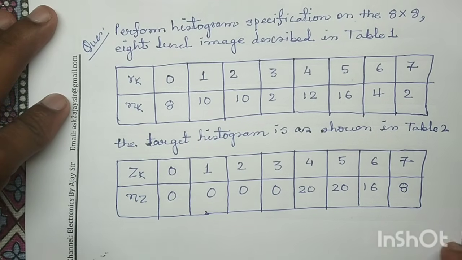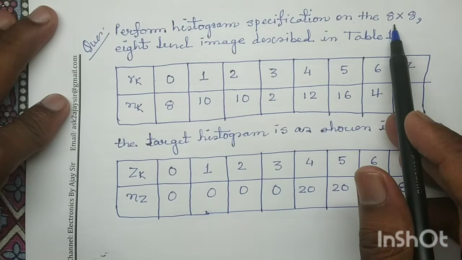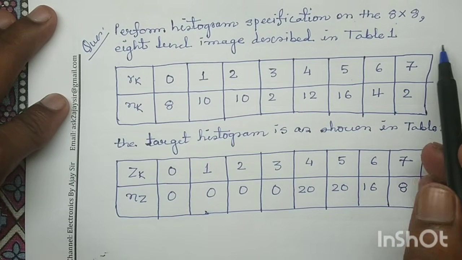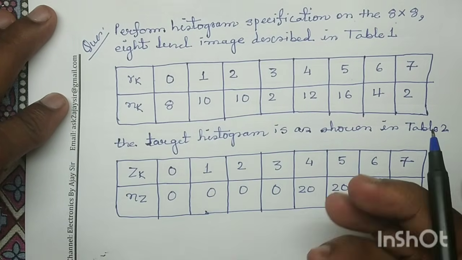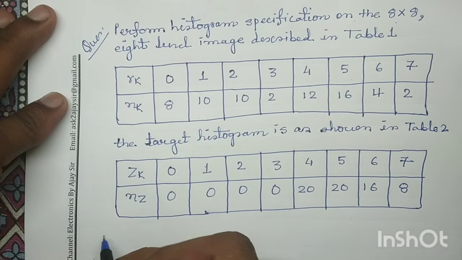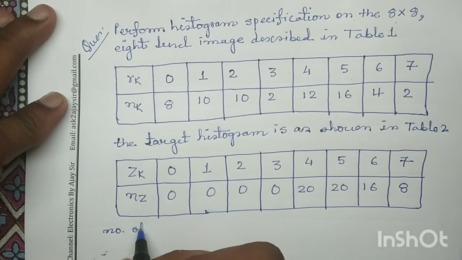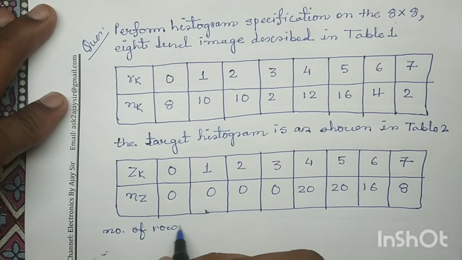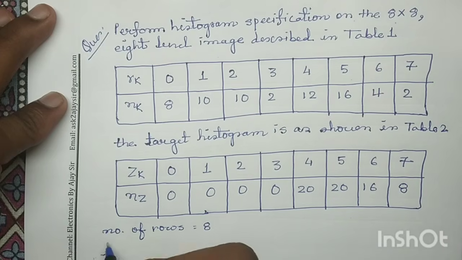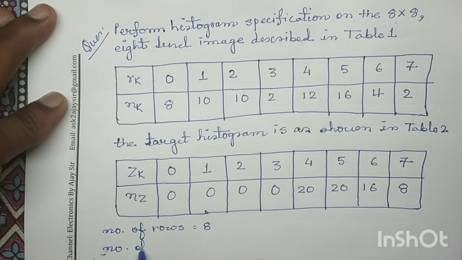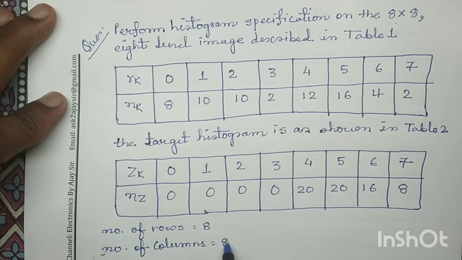In this numerical question, the size of the image is given as 8 cross 8, and it's an 8 level image. So for the 8 cross 8 input image, the number of rows is equal to 8, and the number of columns is also equal to 8.